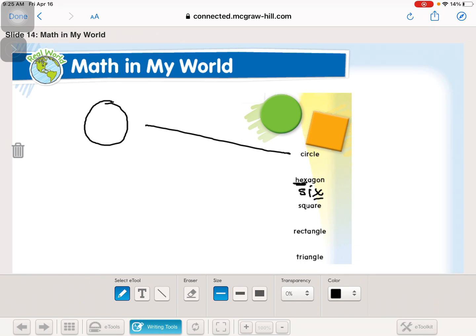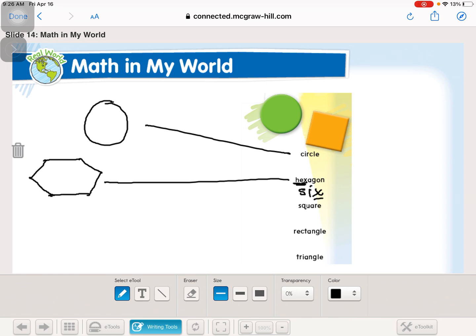So we need a 6-sided figure. This is the easiest one for me to draw, a line on top and a line on bottom, and then out, in. That's a 6-sided hexagon. But really any 6-sided shape is a hexagon. So if yours looks a little different, that's okay, as long as it has exactly 6 sides.